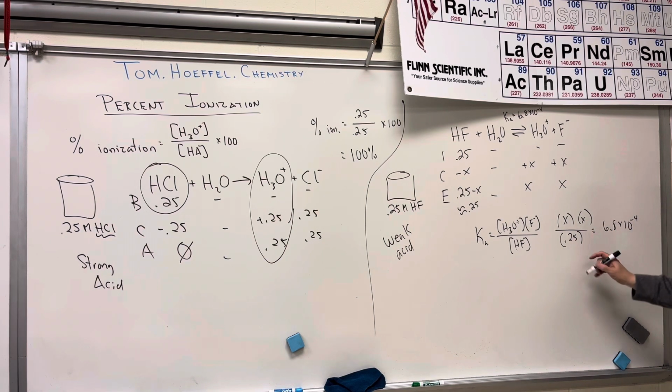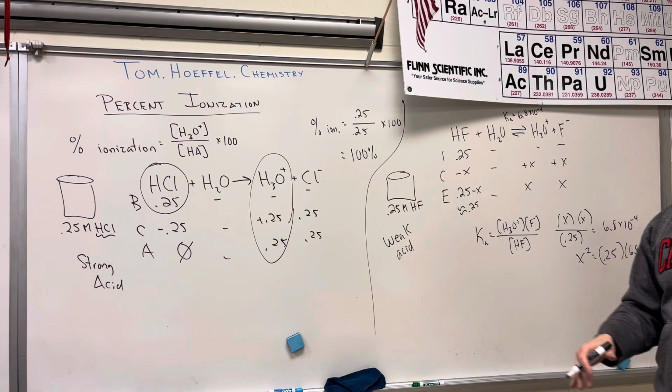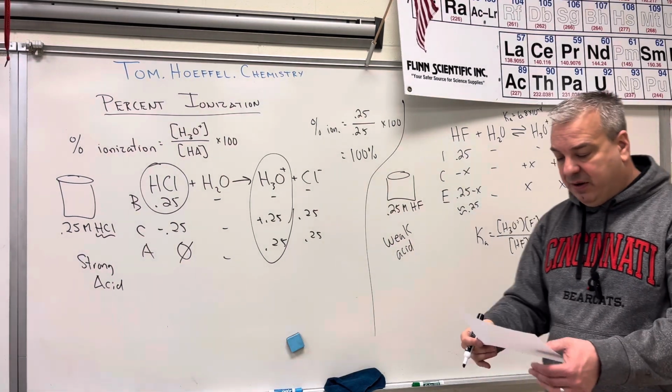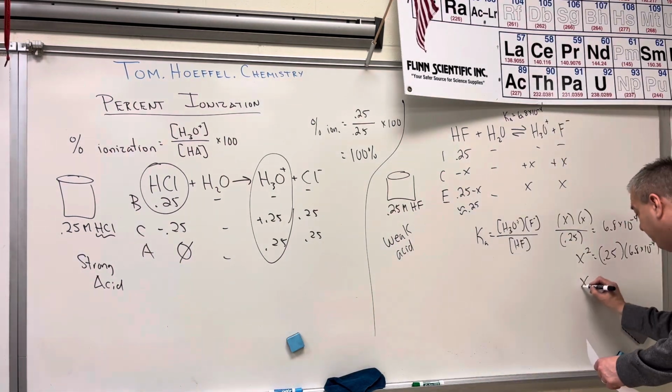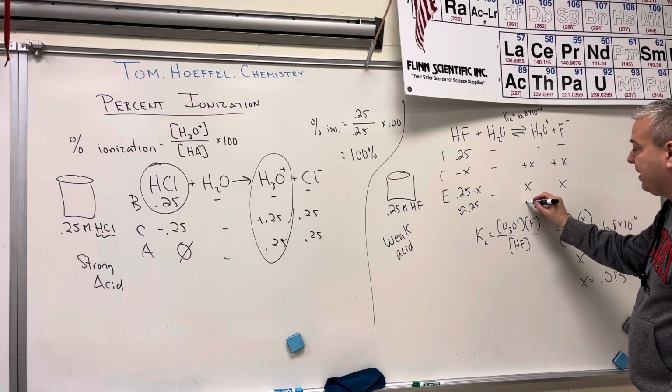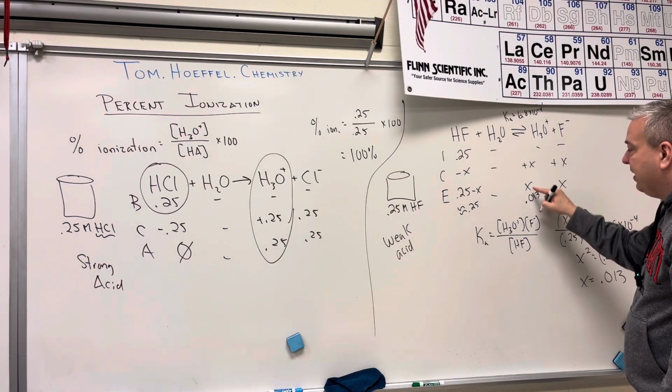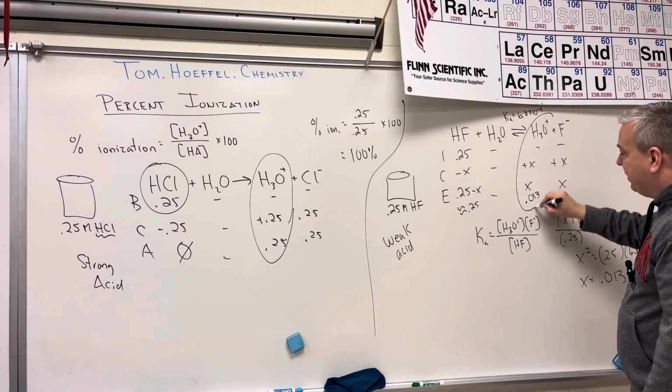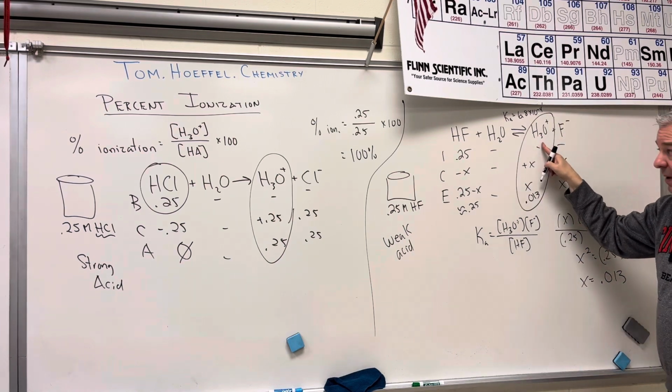So I'm doing some cross multiplication. X squared is equal to 0.25 times 6.8 times 10 to the negative 4. I'm going to multiply those two numbers and then take the square root, and X ends up being equal to 0.013, okay?